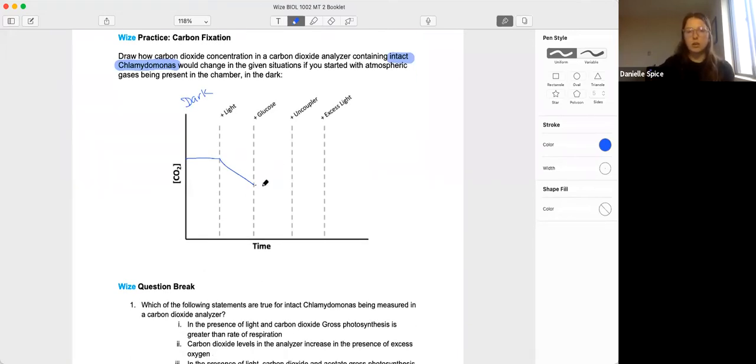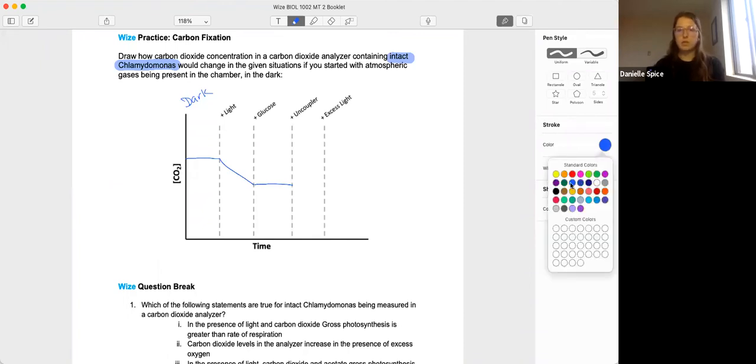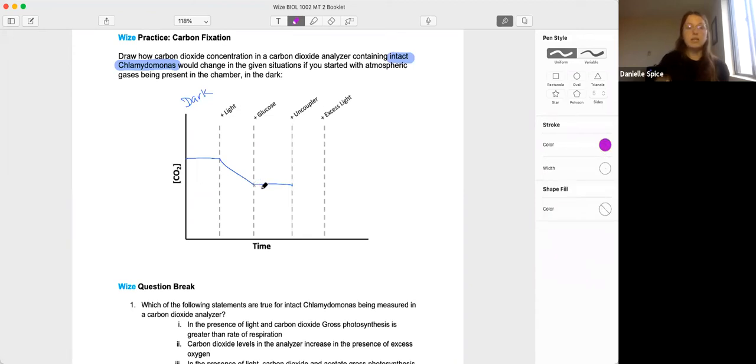Either we're not going to change because our amount of photosynthesis is going to be equal to the amount of cellular respiration, or we can decrease a little bit more. Not quite at the same rate as we were with just light alone, because now we're undergoing both cellular respiration and photosynthesis. But our second option would be that we decrease just a little bit.